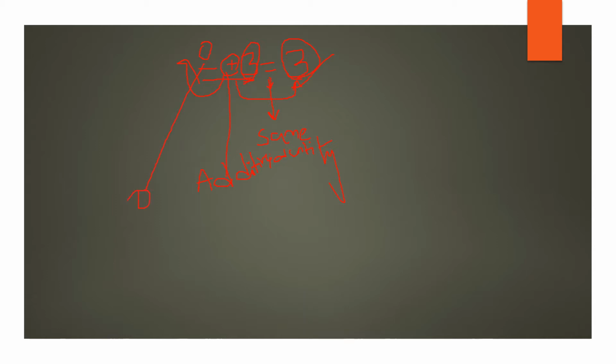Identity means when you simplify the left side, it gives the same answer. This 3 you got when you added 0 to 3. So which number when added to 3 gives 3? It is 0. So 0 is called an additive identity.